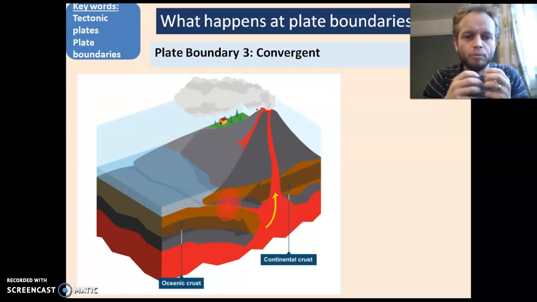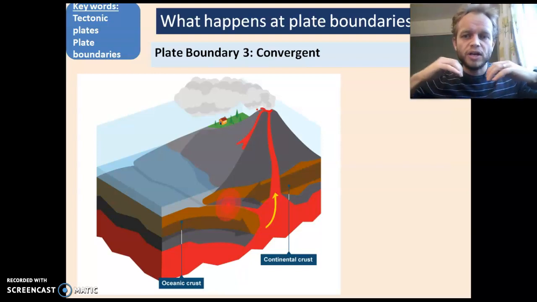As there's more and more magma being created because we're melting the oceanic crust, that pressure builds up and up and up, and then eventually it will be released as a volcanic eruption. So we get large, violent volcanic eruptions on convergent plate boundaries, and we also get large, violent earthquakes.